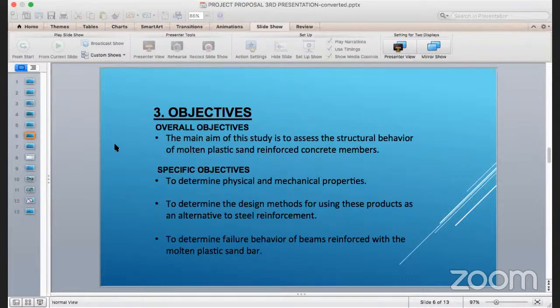Overall objective: the main aim of this study is to assess the structural behavior of molten plastic and sand reinforced concrete members. The specific objectives are to determine the physical and mechanical properties, determine the design methods for using this product as an alternative to steel reinforcement, and determine the failure behavior of beams reinforced with a molten plastic and sand rebar.